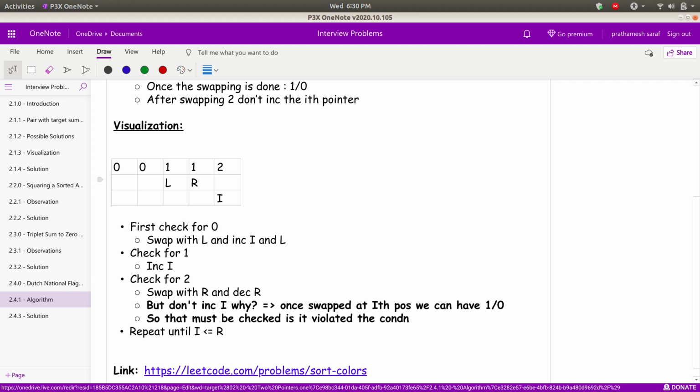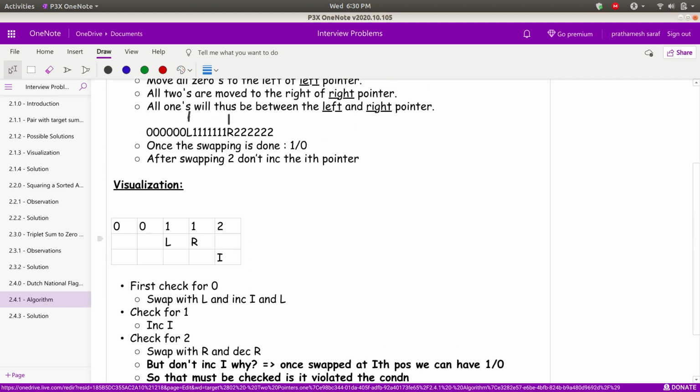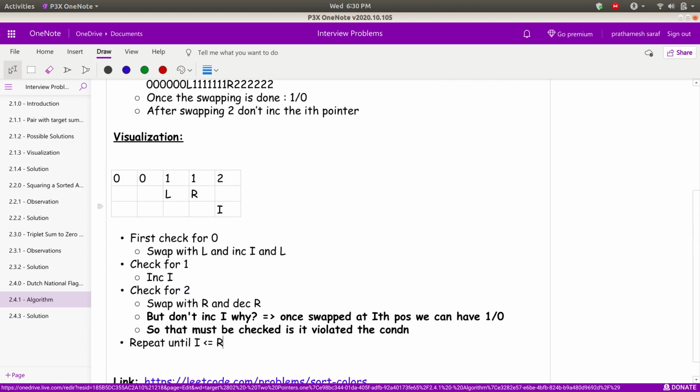So if I would have just stopped here, that would also be okay. So repeat until I is less than or equal to R. So this is in short the pseudo code for this algorithm.